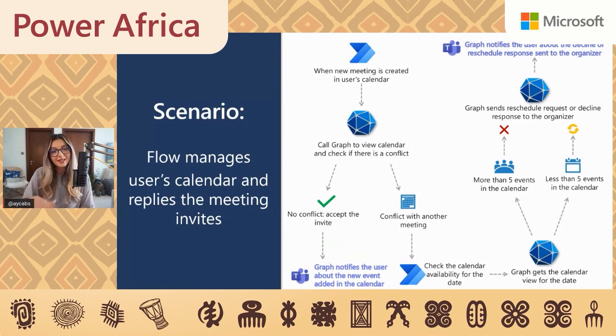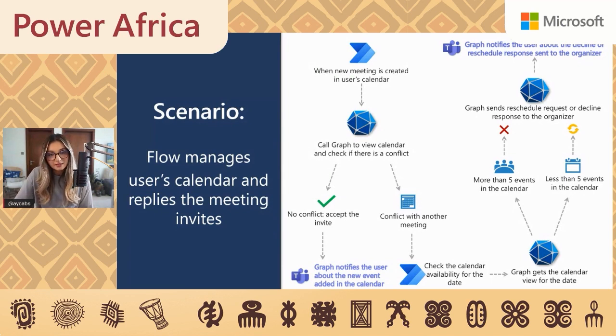Of course, this can be modified according to your customers or your preference, but definitely this scenario helps in many cases. And in this case, the user will not do anything but just get notifications from Teams about if a meeting is rejected or accepted, or we just send a reschedule request and so on.